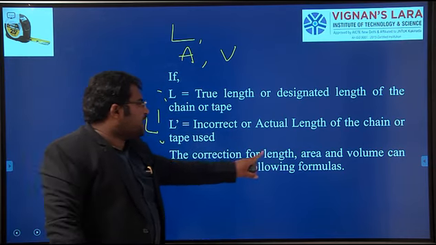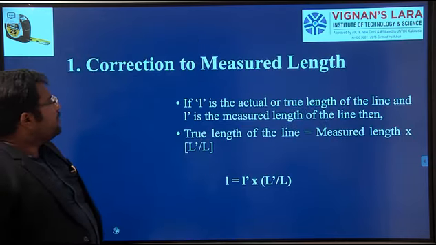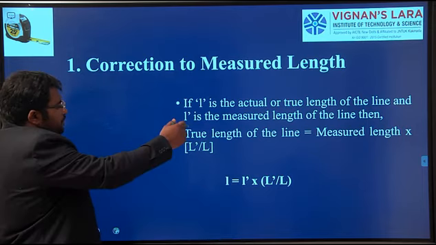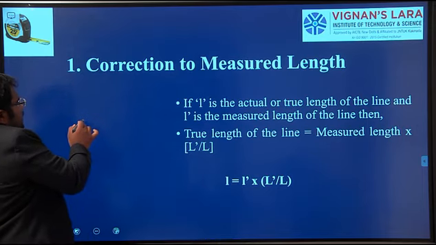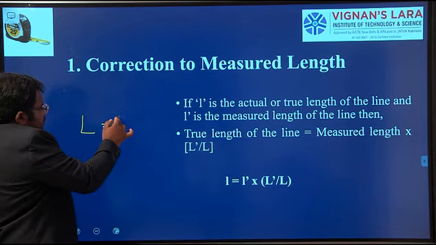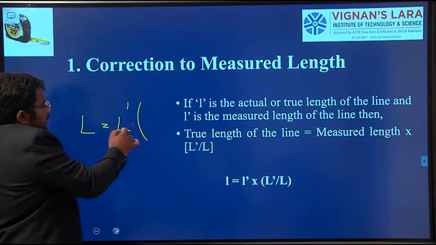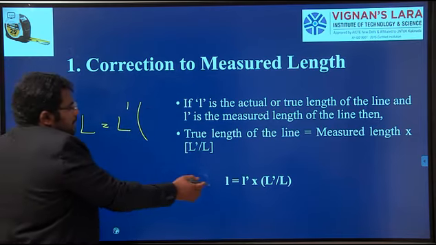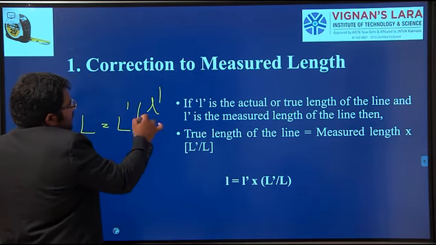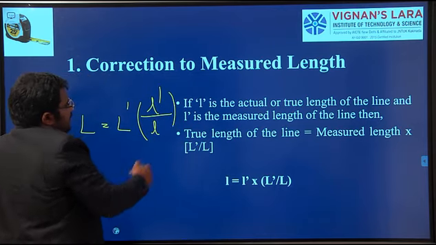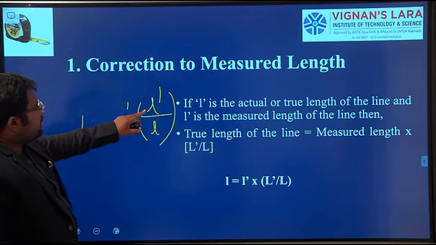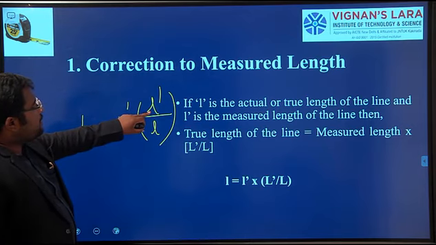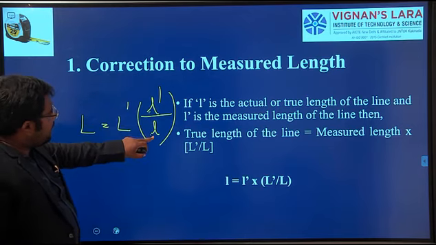Then we will see the corrections for length, area and volume. Here, the correction for measured length: true length L is equal to the wrong length L dash divided by, right? So L dash is the erroneous chain length and L is the designated, actual length.